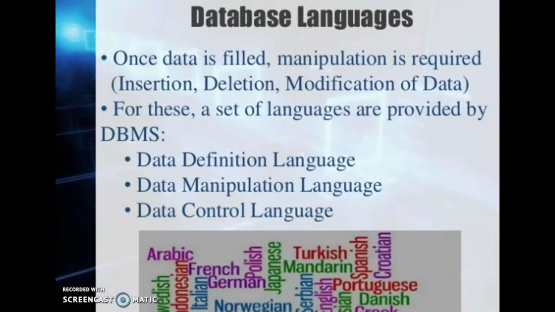Once data is filled, manipulation is required. That is insertion, deletion, modification of data. For this, a set of languages are provided by DBMS: data definition language, data manipulation language, data control language, and transaction control language.